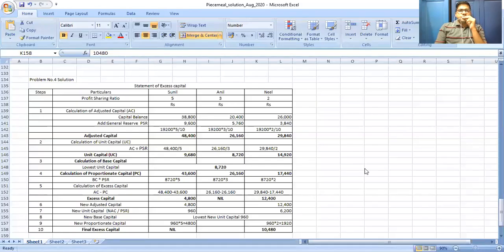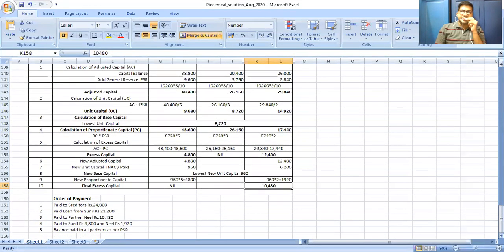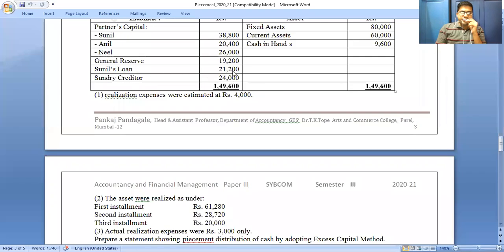Now friends, in problem number 4, order of payment, it's very simple. If you see the liability side, two liabilities are there: Sunil's loan 21,200 and sundry creditors 24,000, and partners' capital and general reserve are there. Of these two liabilities, the first preference we have to give to sundry creditors 24,000.